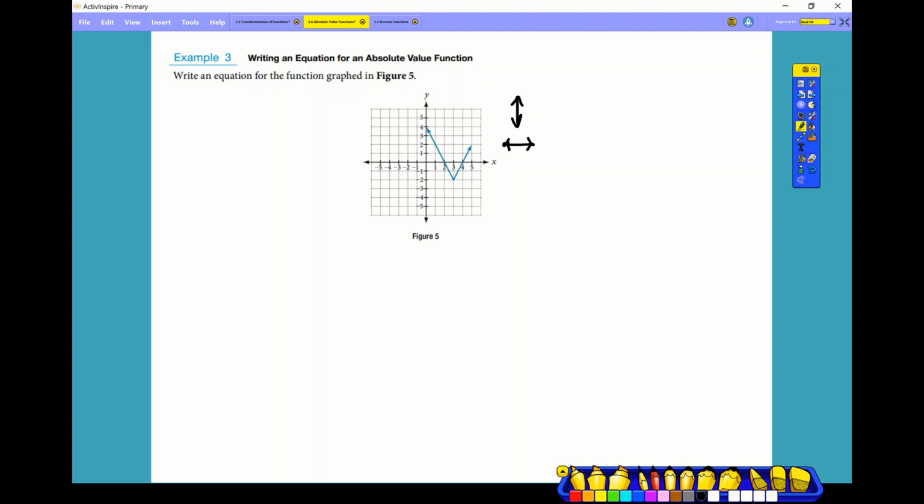It looks like it was moved down because remember, it's supposed to look like this. So it looks like it was moved down 2 units. And it looks like it was moved over 3 units. To the right 3 units.